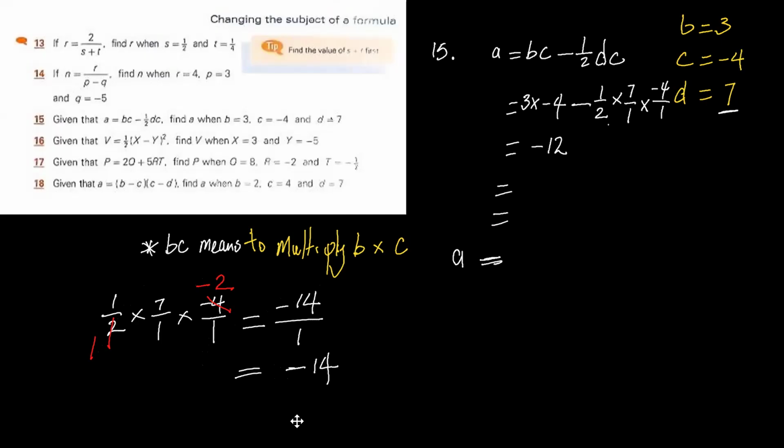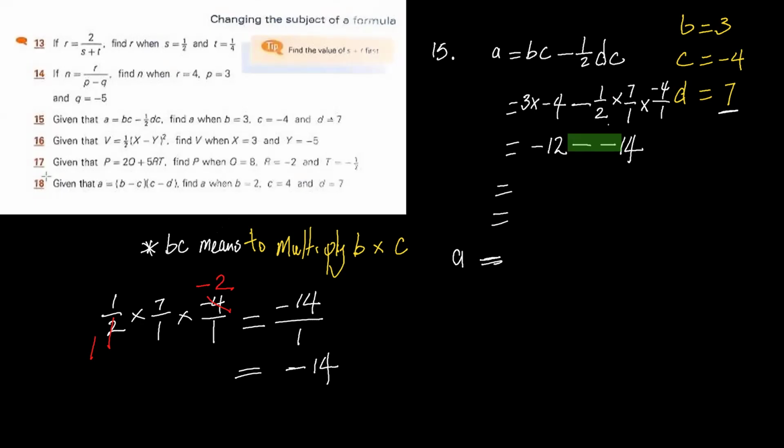Is that okay? Anybody lost? So remember, we have the negative sign and we got -14. And someone said this evening, when you have this negative sign together, it makes a positive.